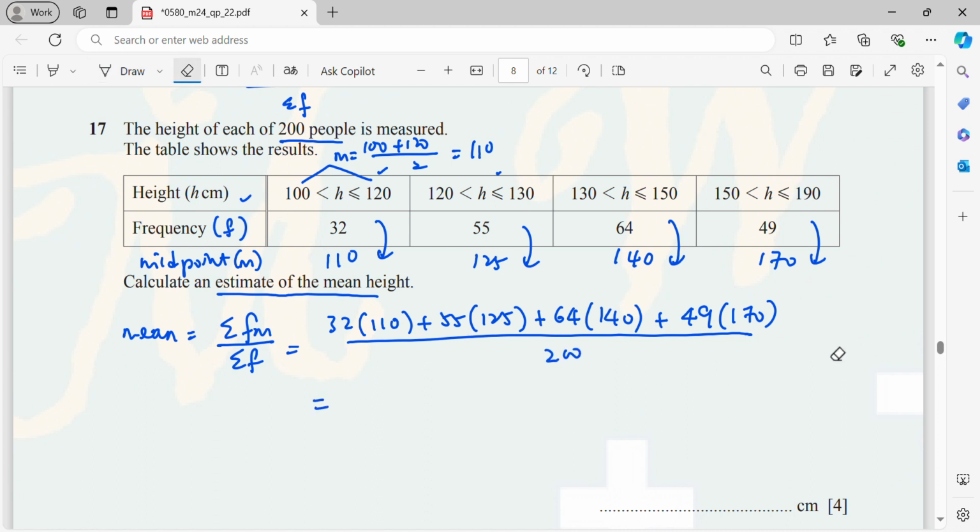That means the numerator total is 27685, then over 200. Then you will be getting 138.425. So this is the exact value for the mean. Alright, so done for question 17.